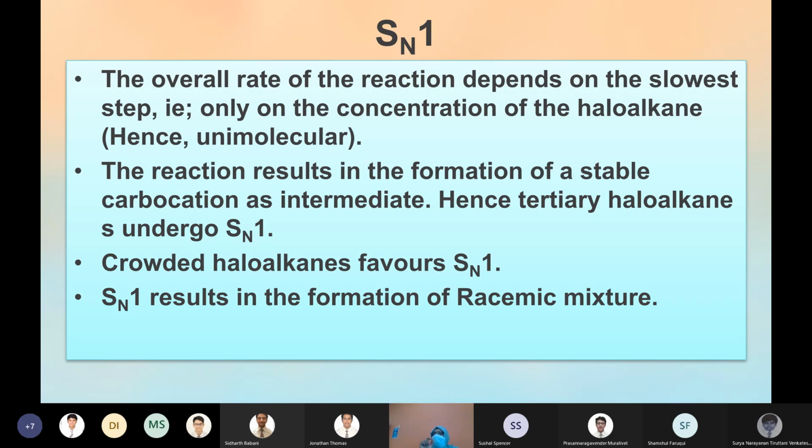So what you have to look at is whether it's primary, secondary or tertiary. If it's primary, it will undergo SN2. If it's tertiary, it will surely undergo SN1. If it's secondary, there are both chances based on the bulkier group or not. If it's a bulkier group, it will undergo SN1 mechanism.